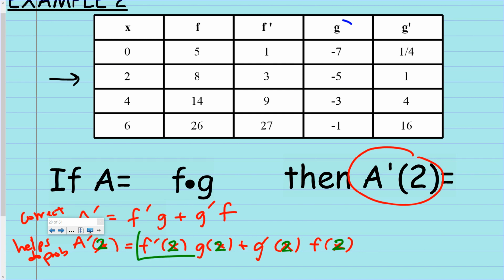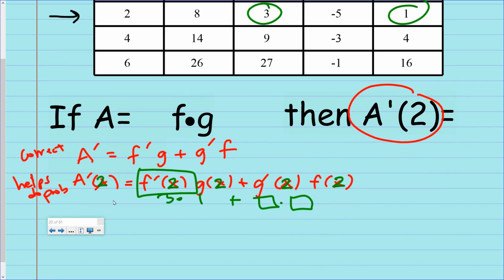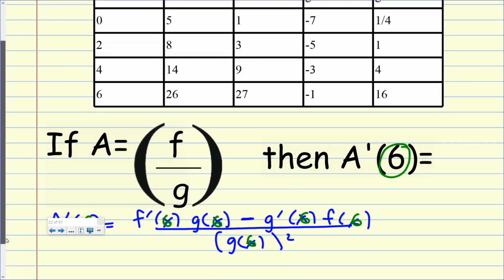So for example, if I wanted f prime of 2, what would the answer be? F prime of 2. 3. Does that make sense? So this would be 3 times g of 2. So g of 2 would be 1 plus something times something. Is everybody good with that? So I'll leave the real answer online, but I wanted to work it through partly with you guys. Okay. Now I got to tell you, it can get way more fun than this.